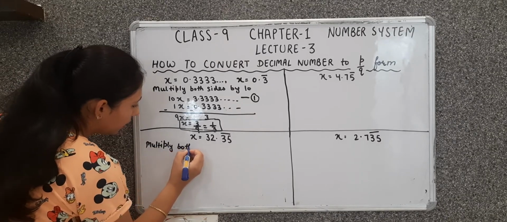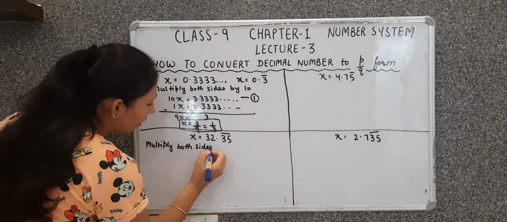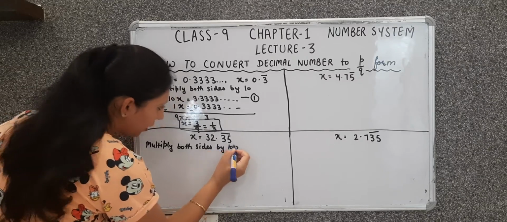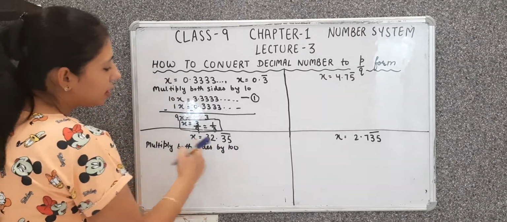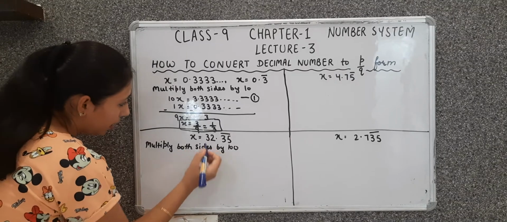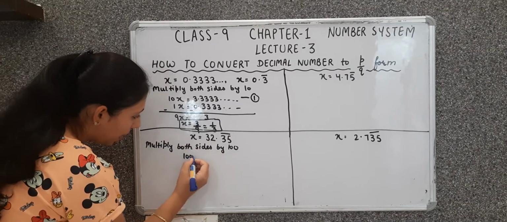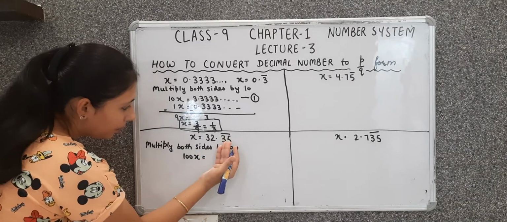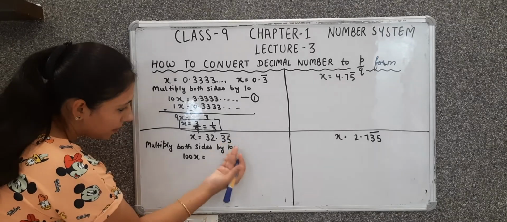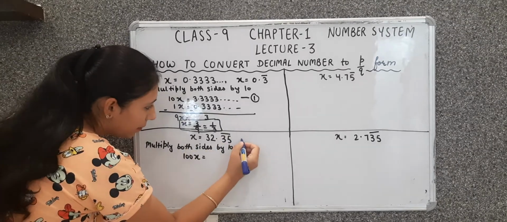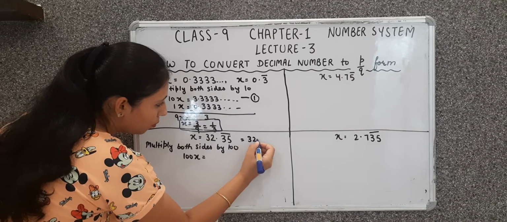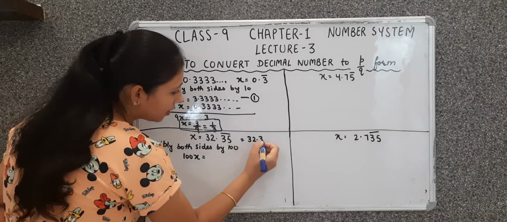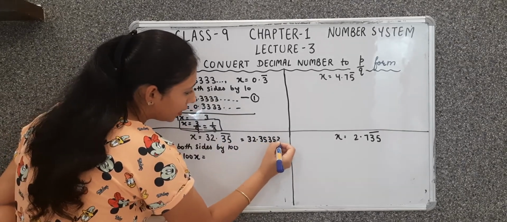I'll multiply both sides by 100. Now what will happen if I multiply both sides by 100? This will become 100x, and on this side the 35 which is after the decimal will come to this side. This number is 32.35 repeating itself, so it's 35 like this.